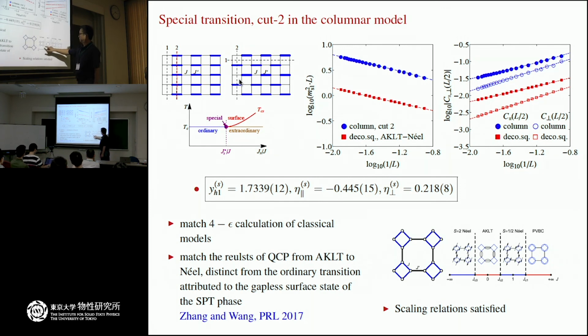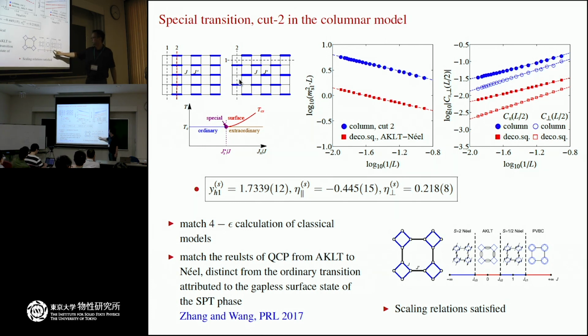And when it's comparable to J prime, you have a spin-half Néel state. If J prime is much larger, you can have this AKLT state.